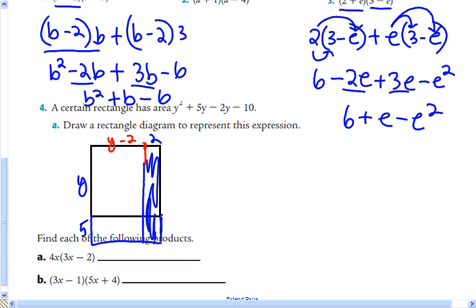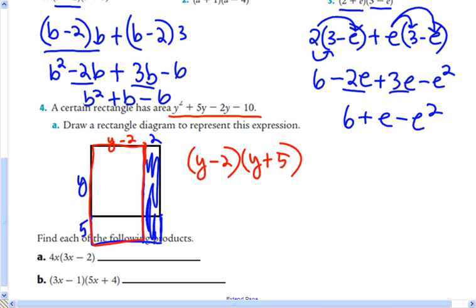And so my expression is, I'm talking about this red rectangle right there. That's y minus 2 times the quantity y plus 5. And when I expand that expression, I get y squared plus 5y minus 2y minus 10.